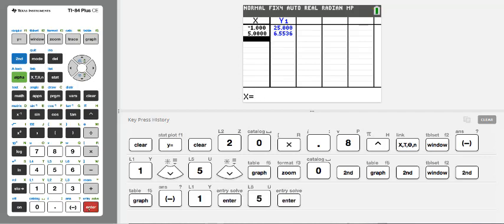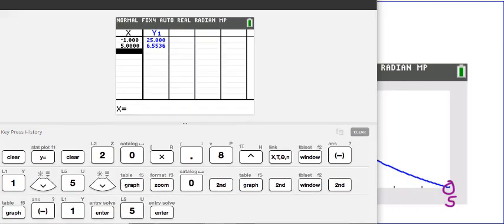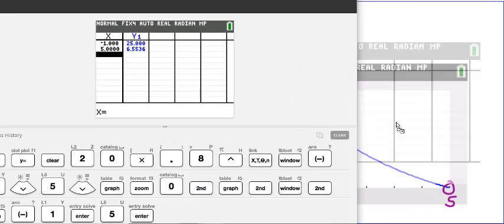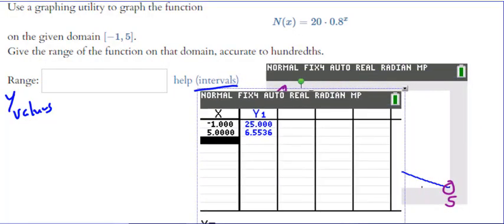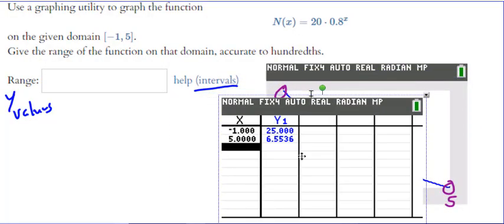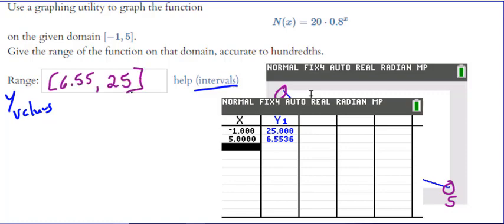So those are my values, and that is what I'm needing to put. So what's my lowest point? To be accurate to the hundredths, that's 2 decimal places, so that would be 6.55 comma 25. And they both get brackets.